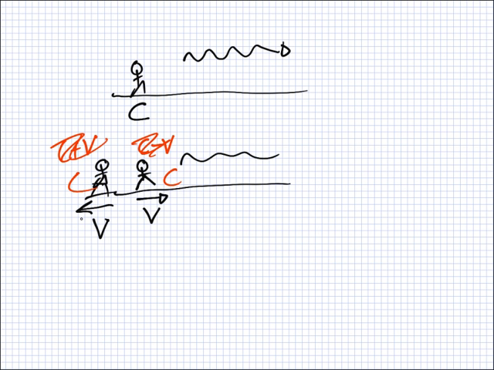So no matter what direction or speed you're moving at, you will always see light moving at the speed of light, even if you're moving in the opposite direction to it. Is it because the speed of light is so big? No, it's a feature of the universe. Light is not only constant, but constant for everyone moving in any direction at any speed.